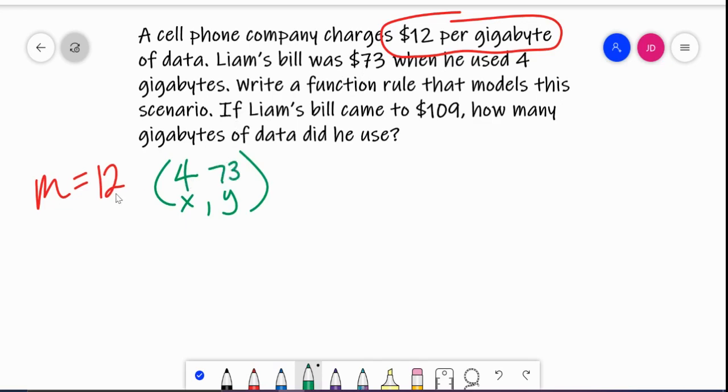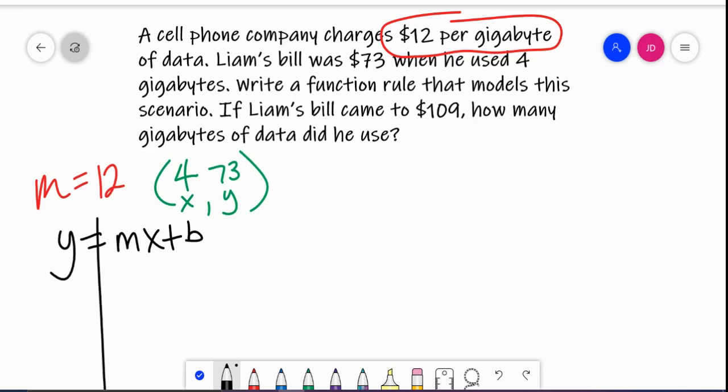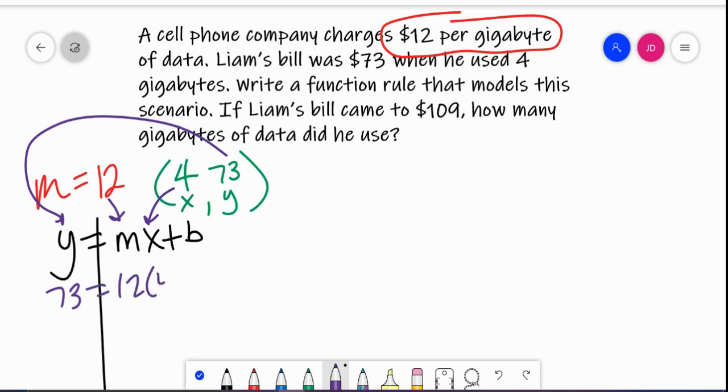All right. Again, use our y equals mx plus b. Substitute in, right? We've got 12, 4, 73. Twelve times 4 is 48 plus b.